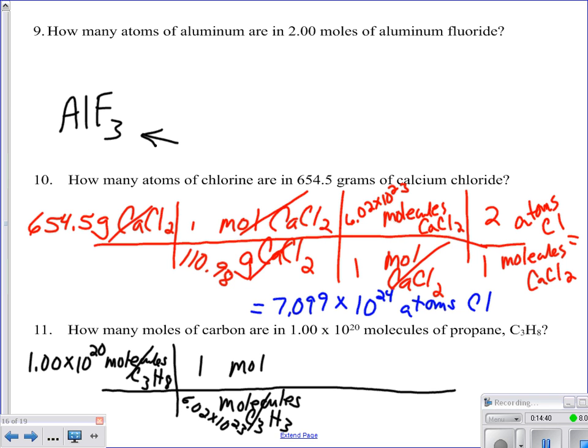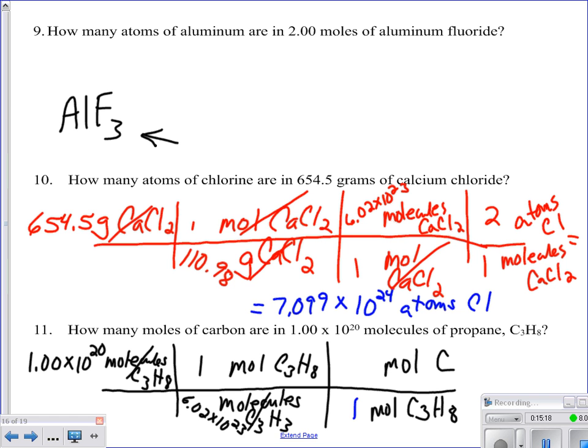So you've got it as moles of C3H8. Well, we don't want it as moles of that entire compound. You just want it as moles of the carbon within that compound. So the last little trick is that you can get rid of your moles of C3H8, and you can go to moles of just the C, just the carbon. Now remember earlier we said if this was one molecule of C3H8, then you'd have 3 atoms. It's very similar.